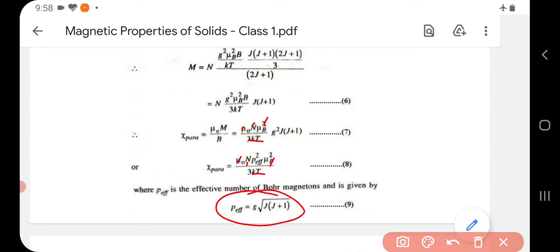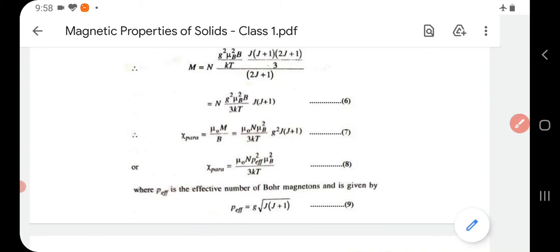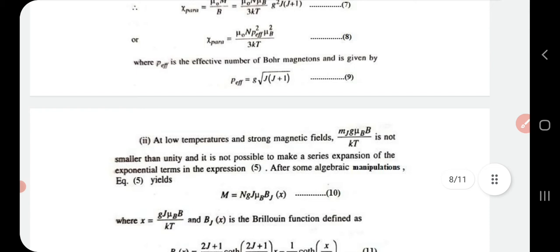See here you can see this one, right? So that term is replaced with p effective square, because p effective is equal to g into root of j plus 1. So your final expression for paramagnetic susceptibility is equation 8. So that is the first case.